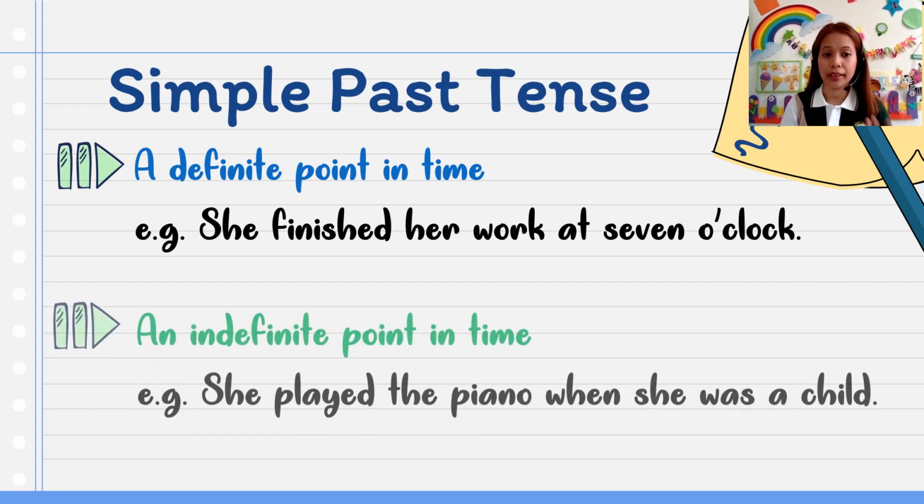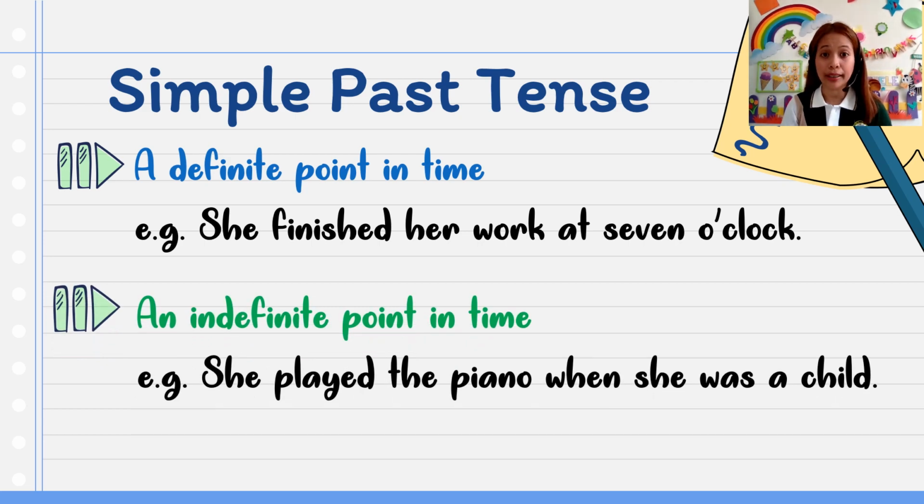The next one, an indefinite point in time. For example, she played the piano when she was a child, meaning to say she played. The verb is played. So she played the piano before. Maybe it's not happening now. Maybe she doesn't play piano anymore. But it's sure that she played piano before.